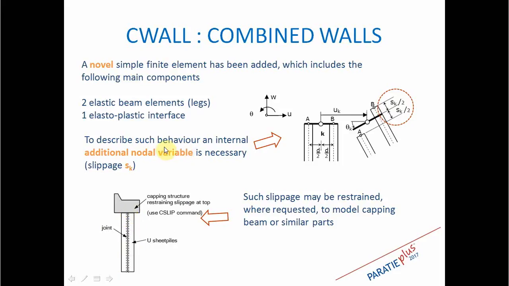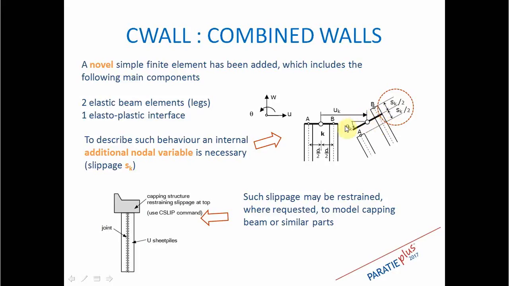And to describe the behavior of the element, it is also necessary to activate an additional degree of freedom in the model that we call slippage S. And in this brief sketch, we see the kinematics of the element at each node. So the two internal nodes of the two parts share the same displacement and the same rotations, but they may have a mutual slippage between the two elements.